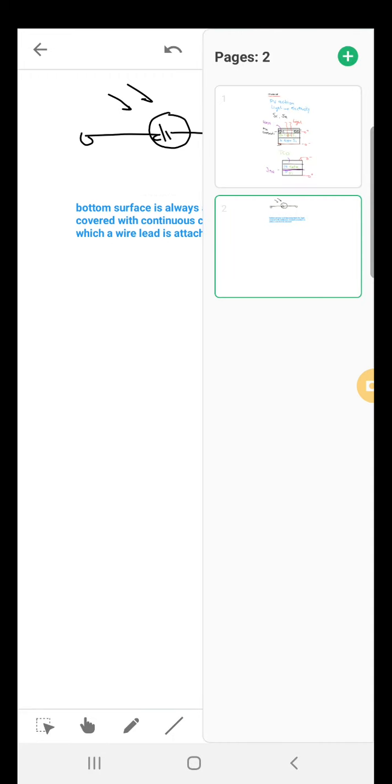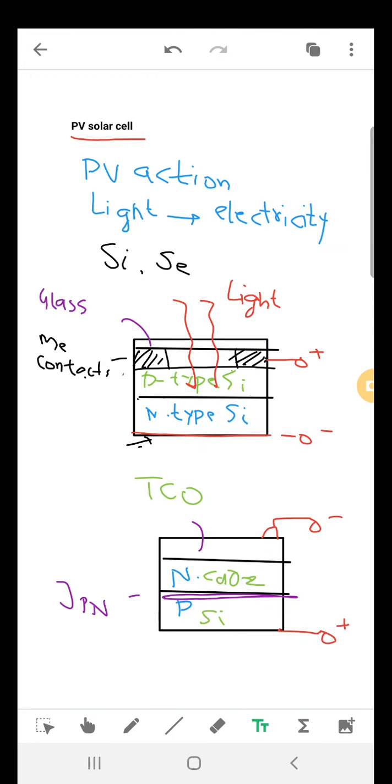As we can see here, this is basically the wire lead.